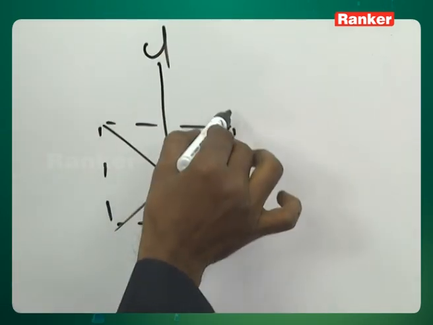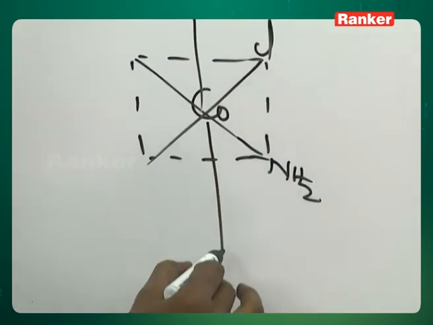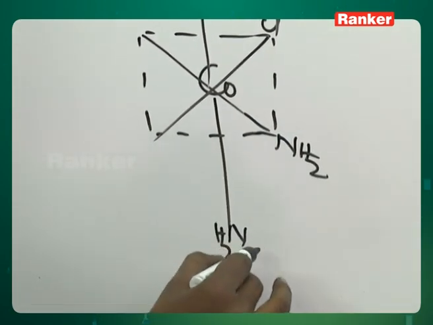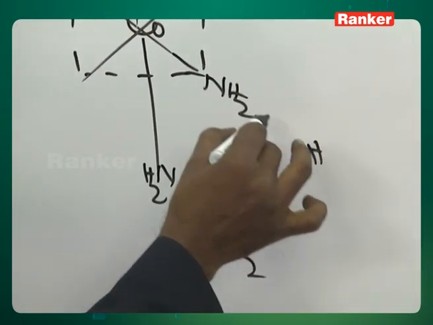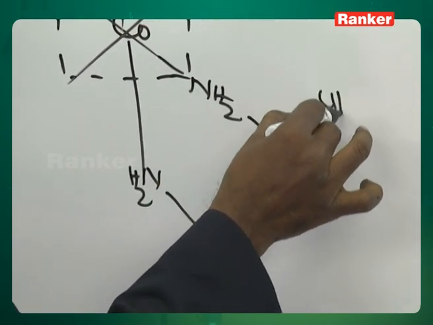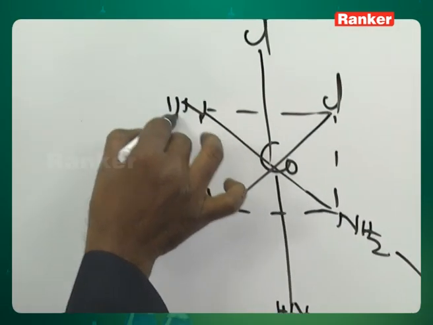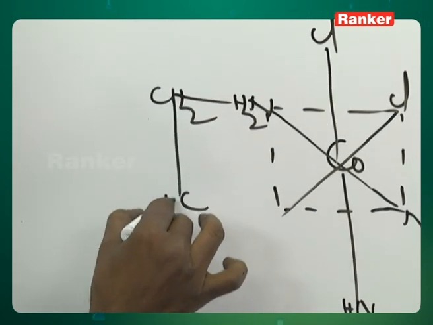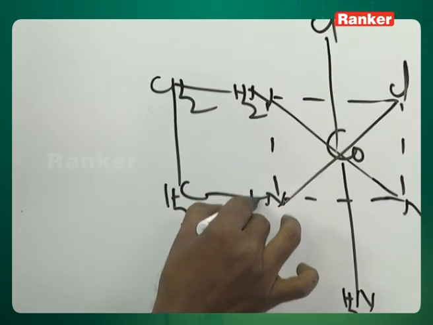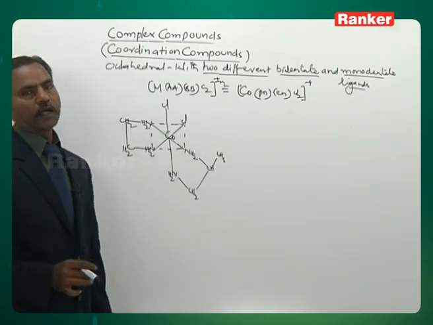Let us write chlorides in cis position. One is NH2, NH2. I am showing this is pn. Next one more en. Two different ligands and two chloride ligands.